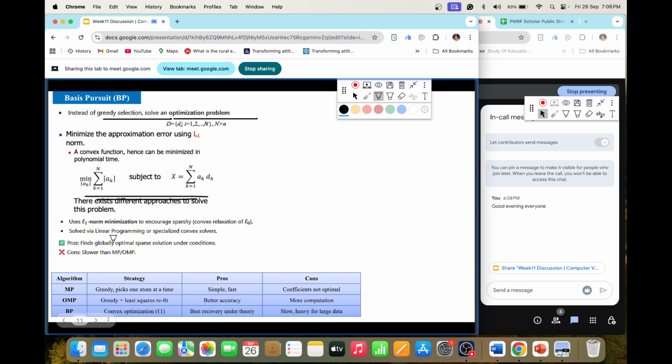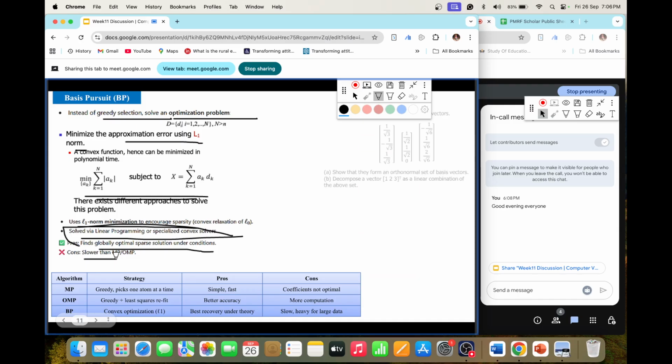It uses L1 norm to encourage sparsity, solved via linear programming or a specialized convex solver. So it chooses vectors by minimizing approximation error using the L1 norm, and finds the global optimal sparse solution. The con is that it is slower than MP and OMP. Again, I am not going into detail, but this is the idea.